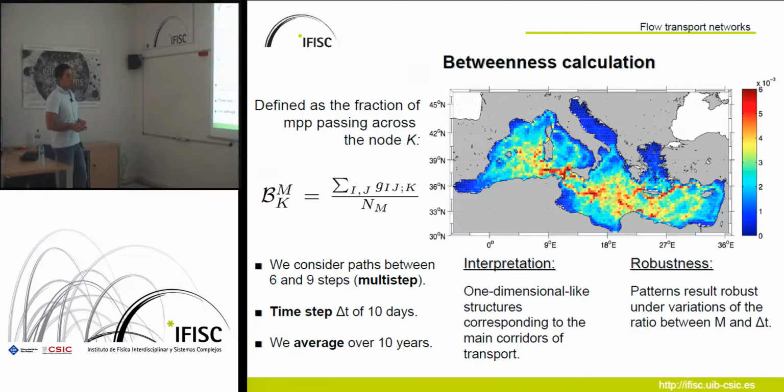A really important thing is that this result is robust if we change the step duration, keeping the same global time interval. So, for example, you can look for paths of 3 steps of 1 month or paths of 9 steps of 10 days. Okay, but we are always looking at 3 months in total. If you do this, the output that you get is more or less the same.